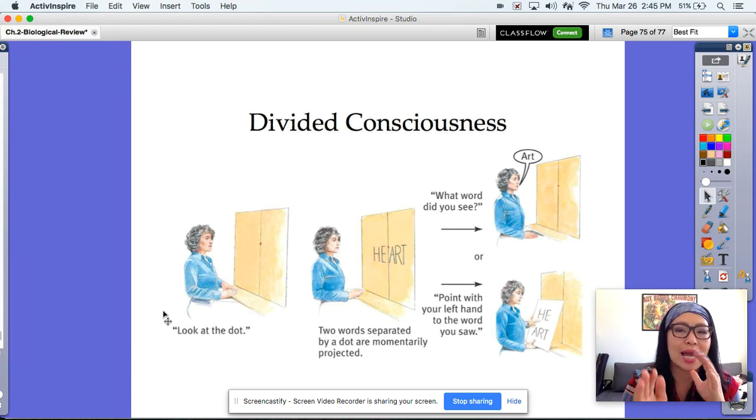And so if we were to ask a split brain person, what do you see? The left is going to see the opposite. So then they're going to be able to speak, I see art. But then the right hemisphere is going to see the opposite of that, which is going to be he. And so when you ask them to point to it, then they're going to be able to say he. Okay, so if you Google split brain experiments, then that will help you remember what that experiment was about.